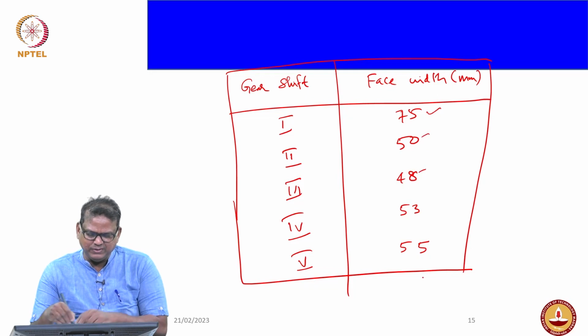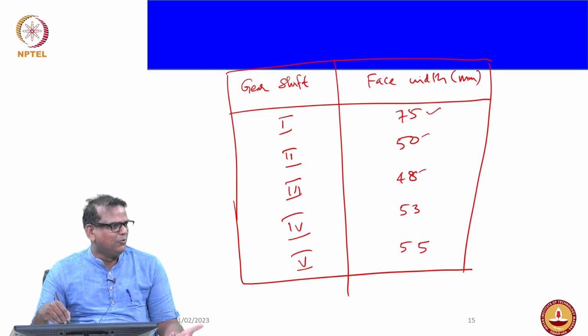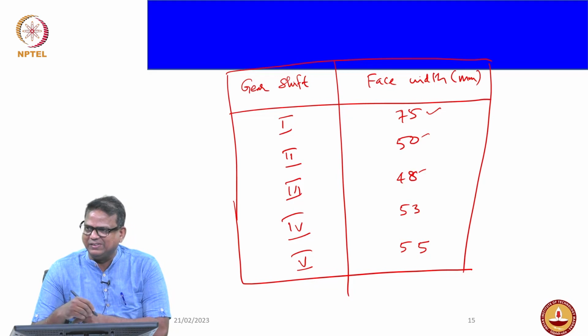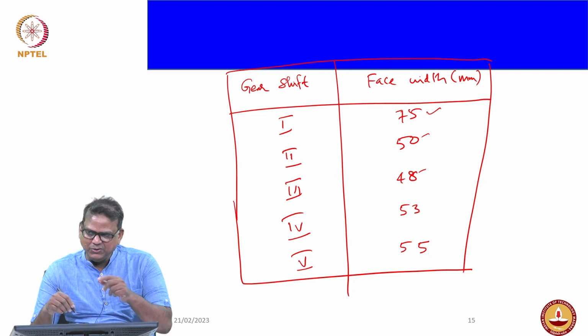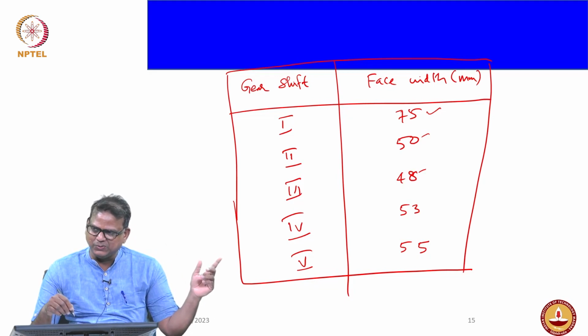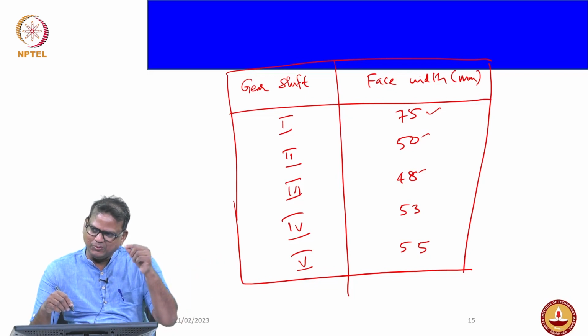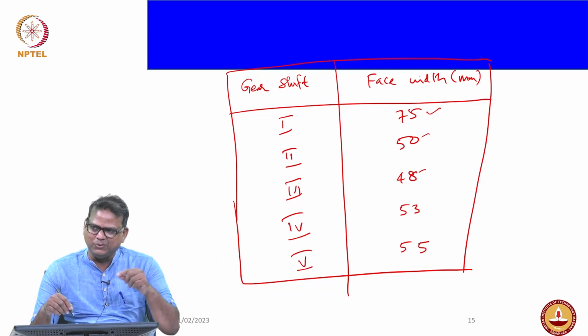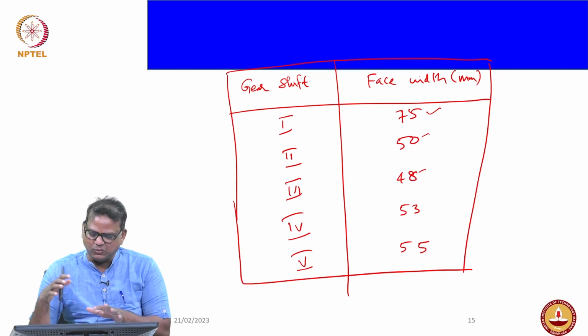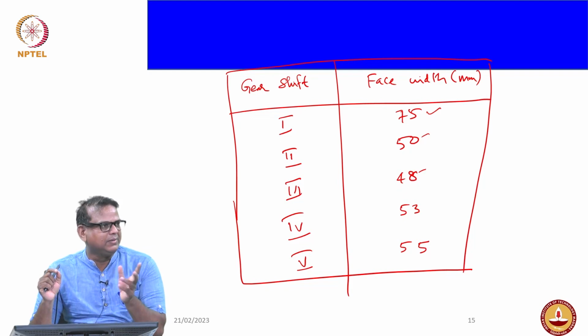But what happens the moment it goes to fourth and fifth gear? It's again increasing. Now when you refer to that B by D ratio, it's slightly above 0.4. Because the sizes change, to accommodate, the face width will increase slightly for the higher shift gears, right.